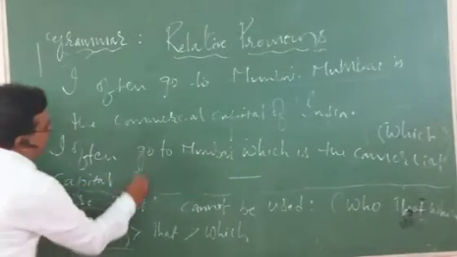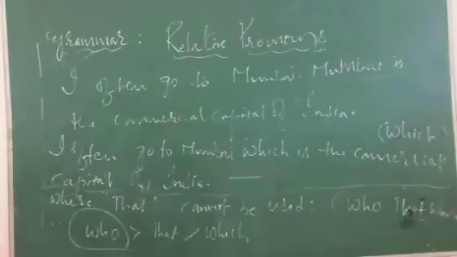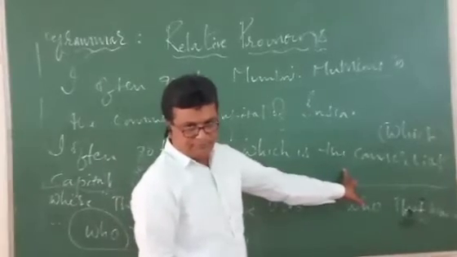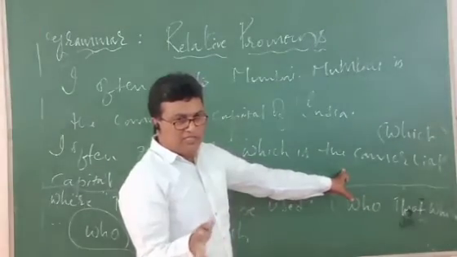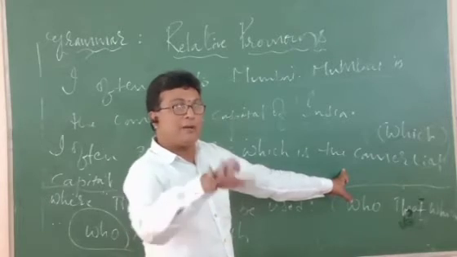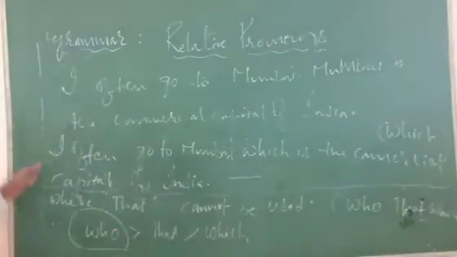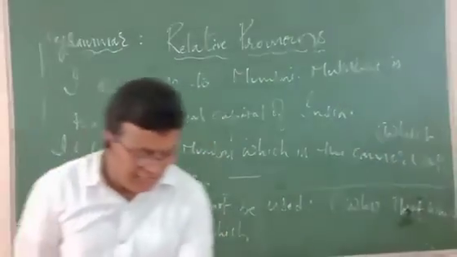Now you see, I have combined the sentence with which. Actually, prepositions can be used along with pronouns. I will tell you later in the next video. Now, I often go to Mumbai, which is the commercial capital of India.